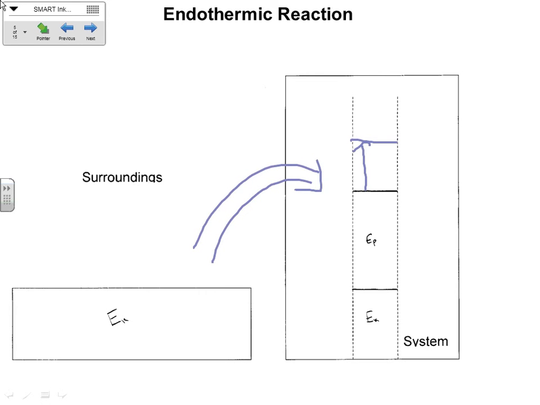So the energy that gets stored is at the expense of the surroundings' energy. So it sucks its energy up. And this time, the surroundings get cool. They cool off the surroundings. Again, this is measured as Q. Again, this time, we have a positive delta H.